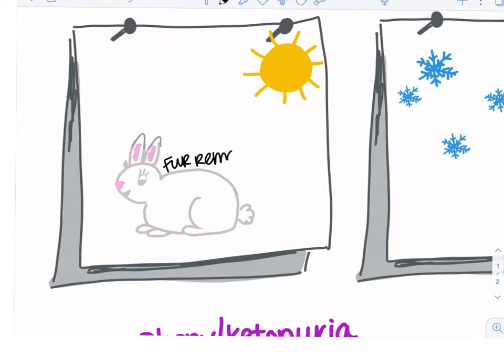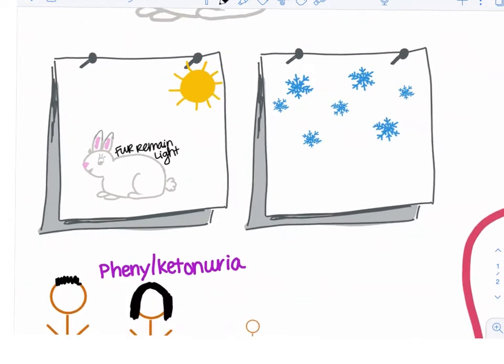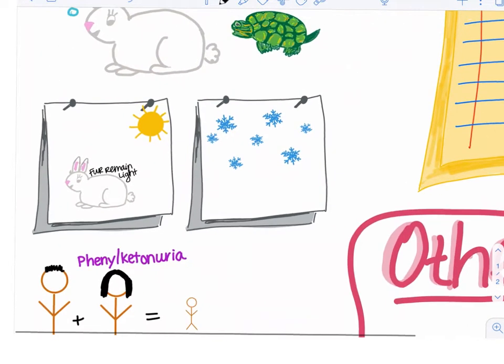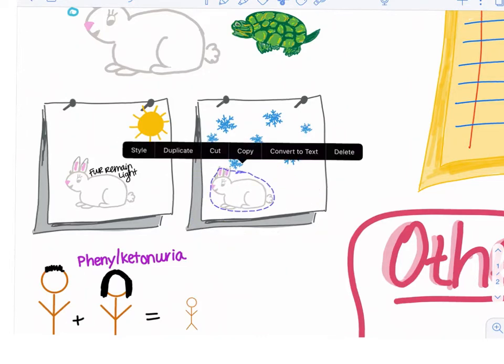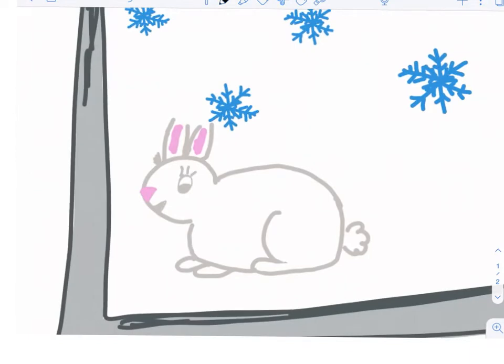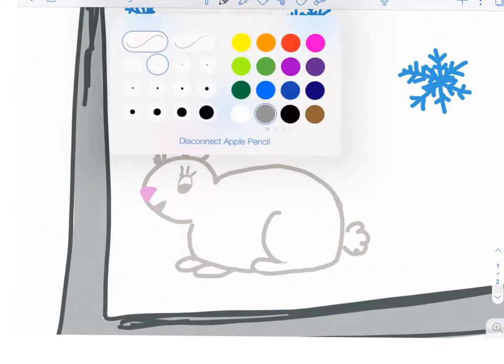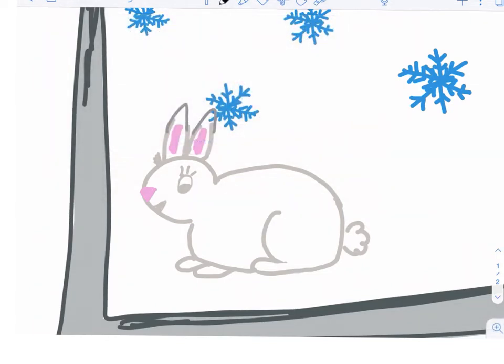If the bunny is exposed to colder temperatures, then the fur starts to darken at the extremities, so at the ends of the ears, around the nose, the feet.